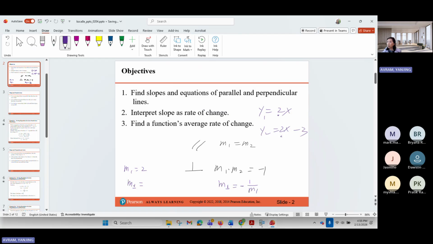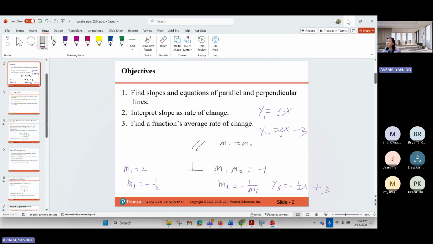So if I have M1 equal to 2, my perpendicular slope will be negative 1/2. So if I have my y3 equal to negative 1/2 x, whatever plus or minus 3, this y3 is going to be perpendicular to y1 and y2.